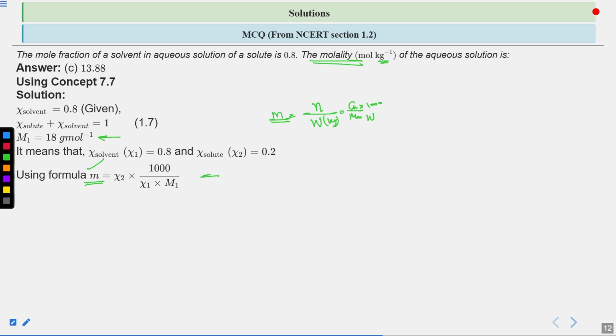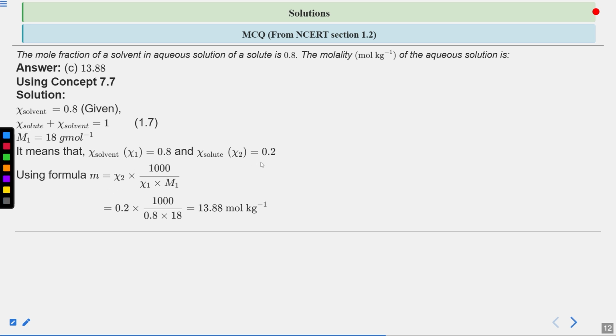Okay. Now, when we have everything, we have chi2, we have chi1, we have M1, you just have to put the values in this formula. So chi2 is 0.2, right? So 0.2 multiplied by 1000, divided by 0.8, which is chi1, multiplied by 18. 18 is the molar mass of the solvent. When you solve this fraction, the 0.2 and 0.8 decimals will cancel out and it will be 1000 upon 4 times 18.